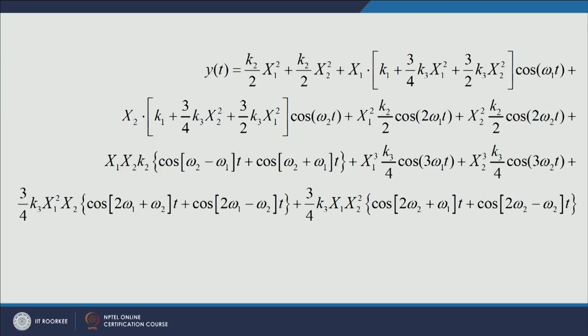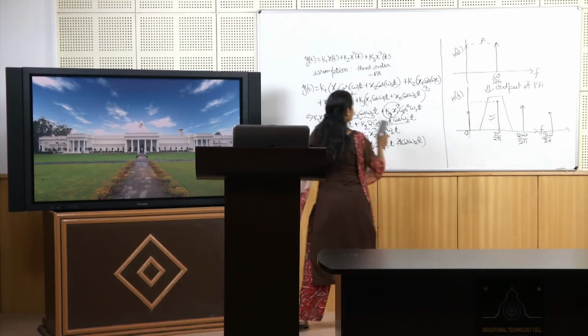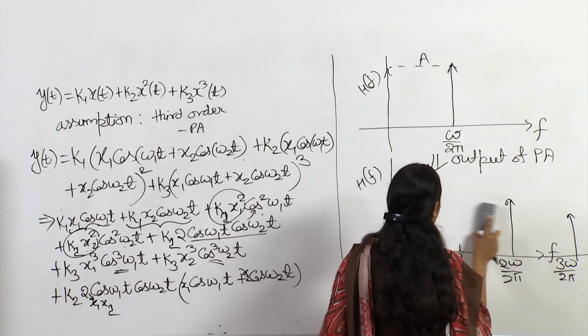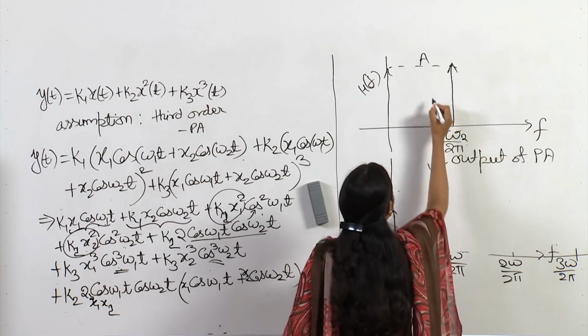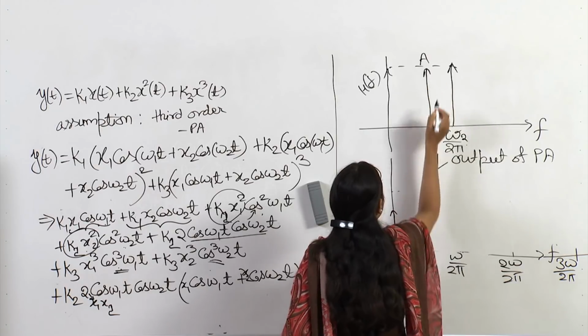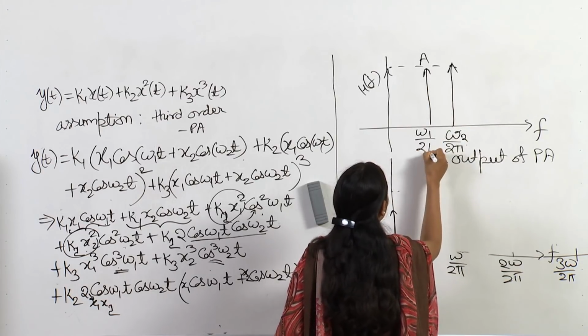So, in the frequency domain, if we have a look at this signal itself, let us say it was omega 2 by 2 pi and omega 1 upon 2 pi, it was a two-tone signal.